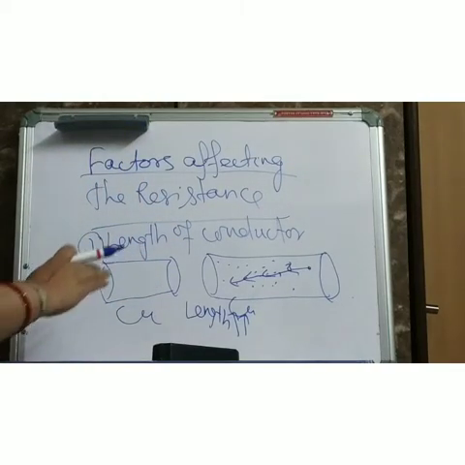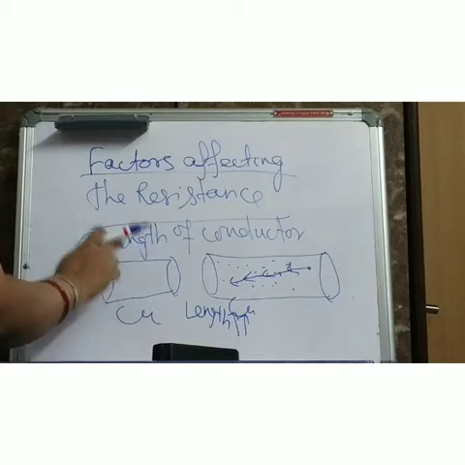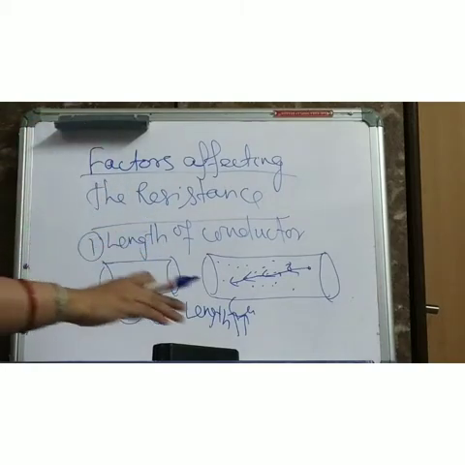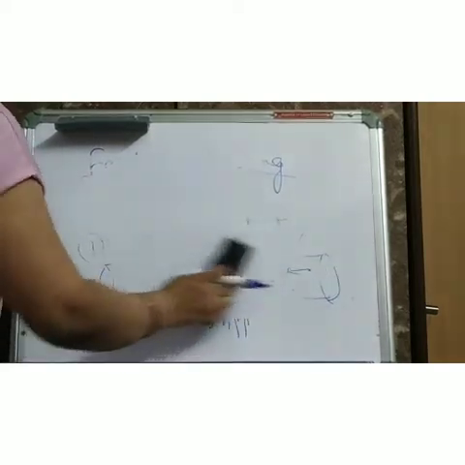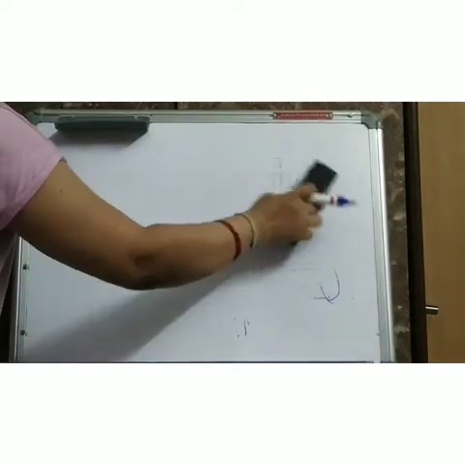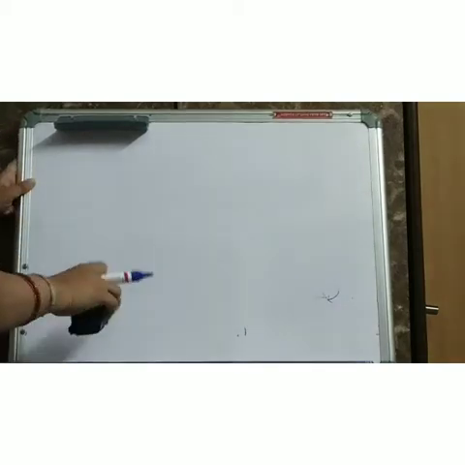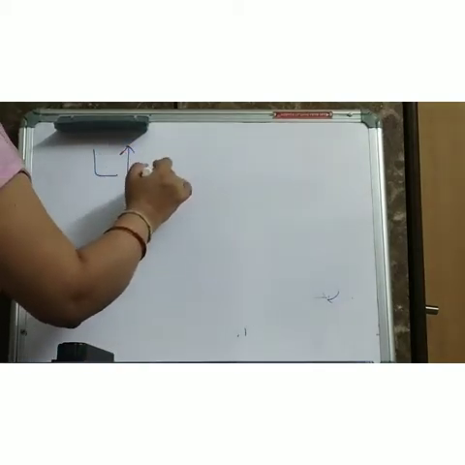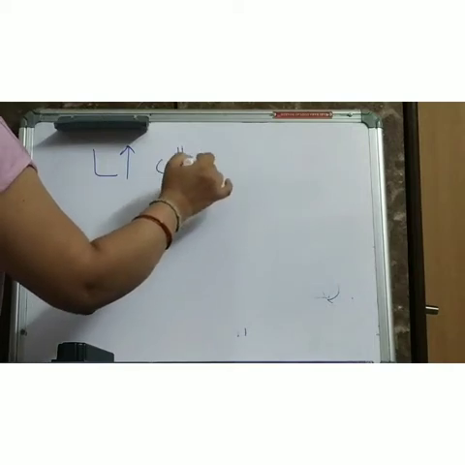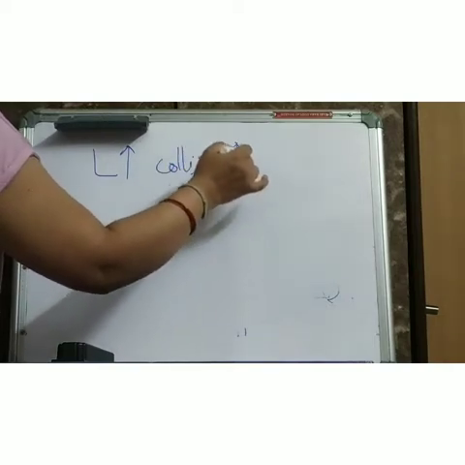That means when the length of the conductor increases, your resistance increases. If length increases, then collision also increases.